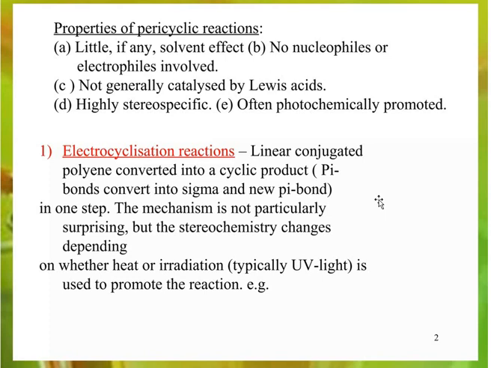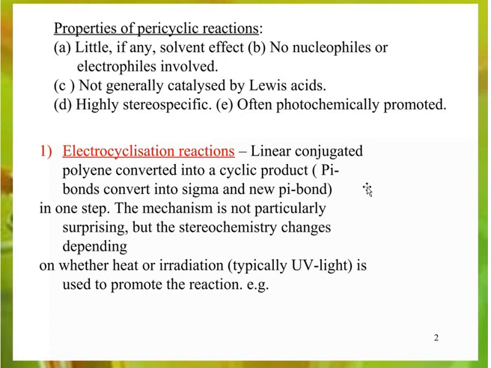So, linear conjugated polyenes are converted into a cyclic product, pi bonds converted into sigma, and a new pi bond formed in one step. The mechanism is not particularly surprising, but the stereochemistry changes depending on whether heat or irradiation, meaning light, typically UV light, is used to promote the reaction.